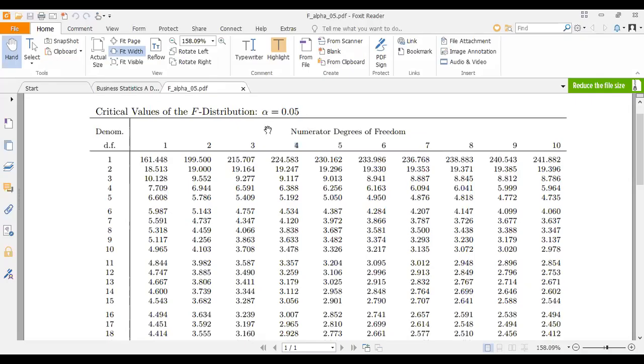So we have 3 here. The degree of freedom of the numerator is 3, and that of the denominator is 16. So this is where they meet. We're going to get an F statistic of 3.239, so the critical F is 3.329.